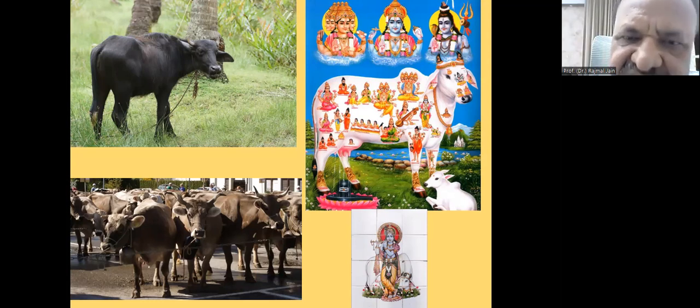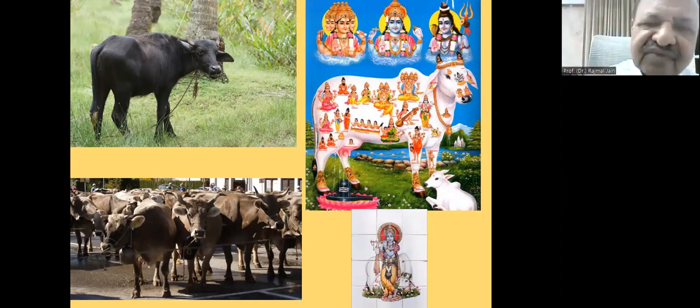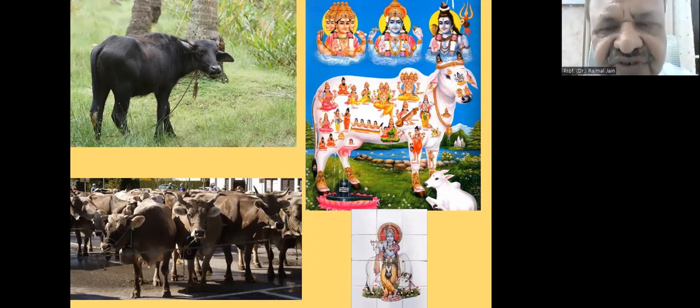But what is happening with the cow? In fact, we should have protected the cow, and cows should have been banned all over the globe, not to be slaughtered, not to be killed. On the contrary, cows and buffaloes are livestock, and particularly a huge livestock in India, where they are all worshipped.